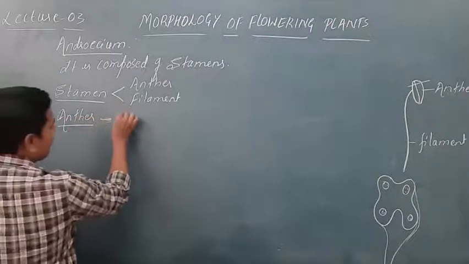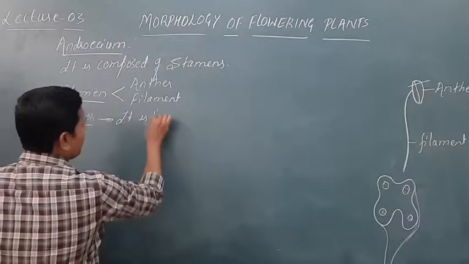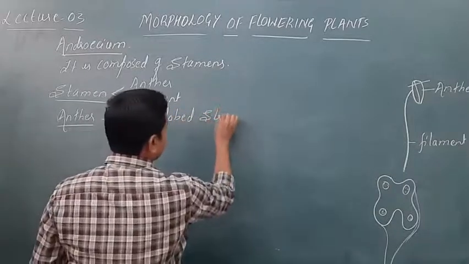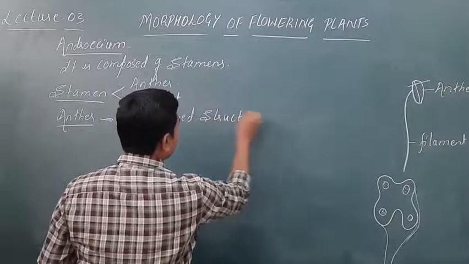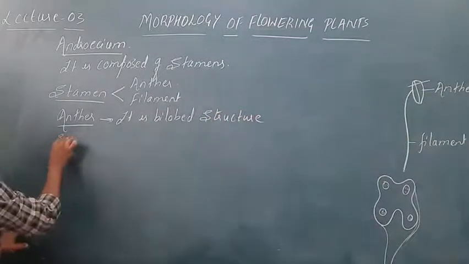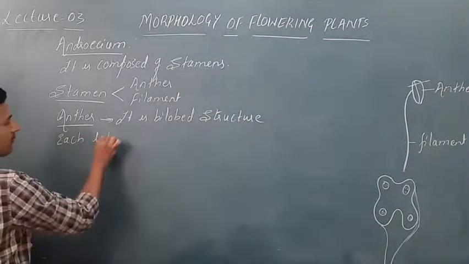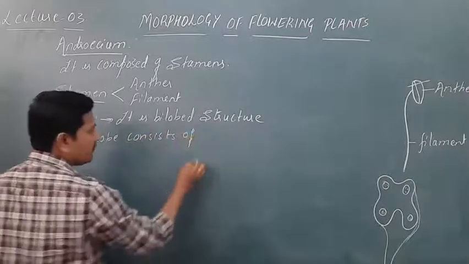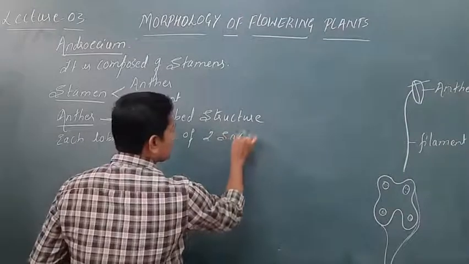Anther is a bilobed structure. Each lobe consists of two sacs.